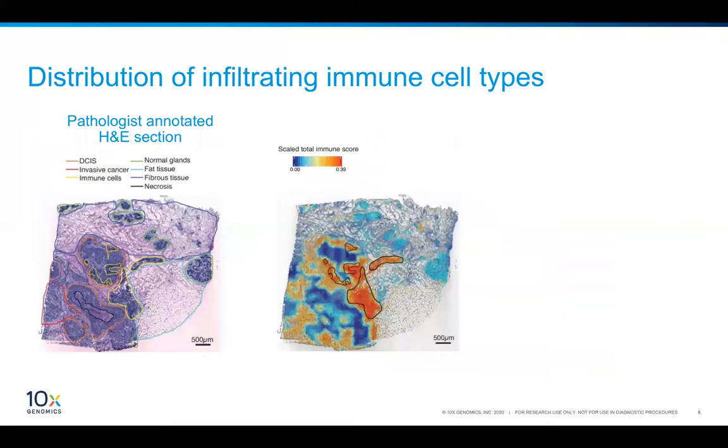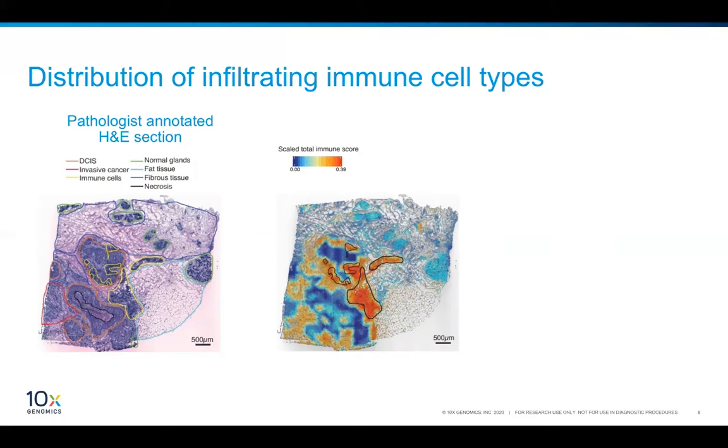Now, shown here on the left is an example of the data where the authors had the H&E stained tissues annotated by a pathologist. So he or she identified these various regions: invasive cancers in red, the normal stroma in green, and then the immune cell infiltrates in yellow.